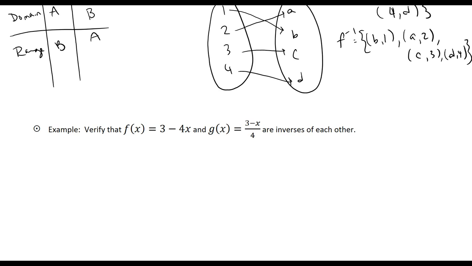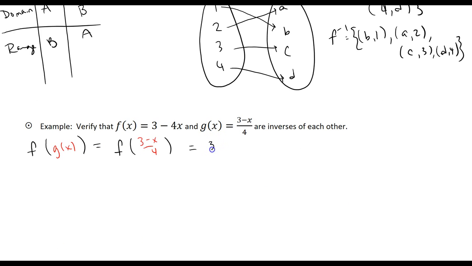Using the definition, I'm going to verify that two functions are inverses of each other. So I'm going to take f and plug g of x into it. So that will be f evaluated at (3 minus x) over 4.